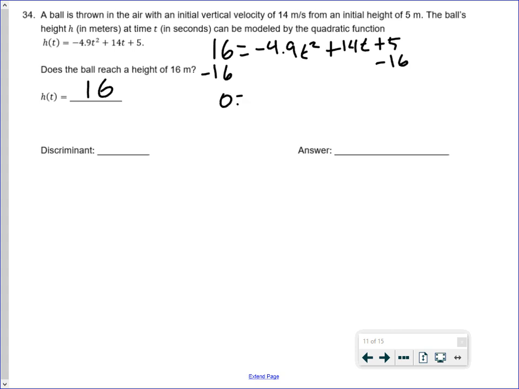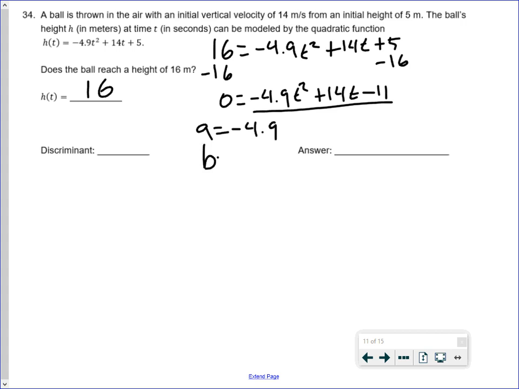So we have 0 equals -4.9t squared plus 14t, 5 minus 16 is -11. So this is our new quadratic function, and we're going to find its discriminant. Our a equals -4.9, our b equals 14, and our c equals -11.